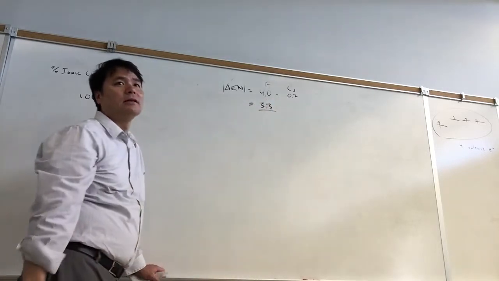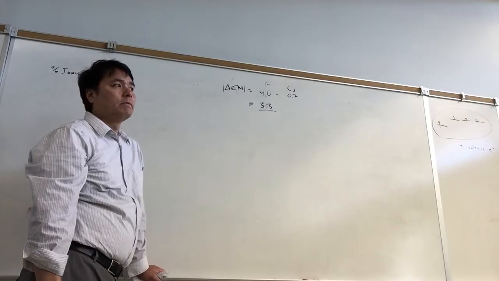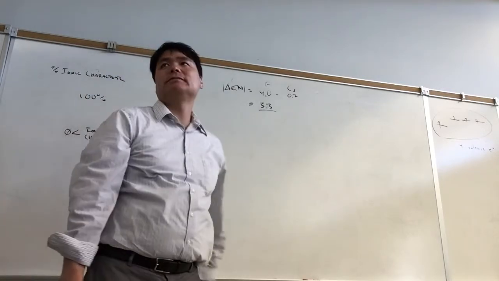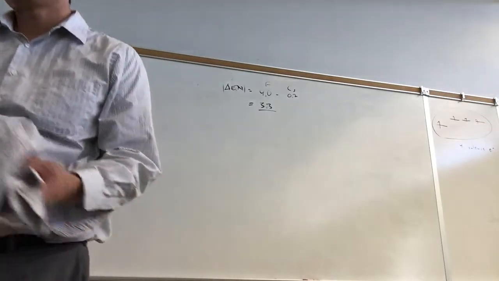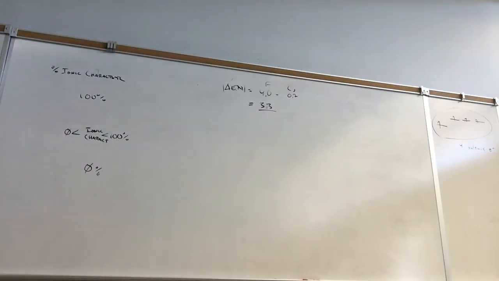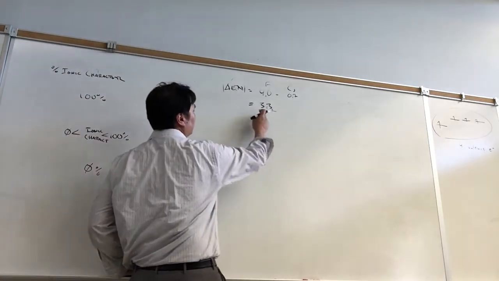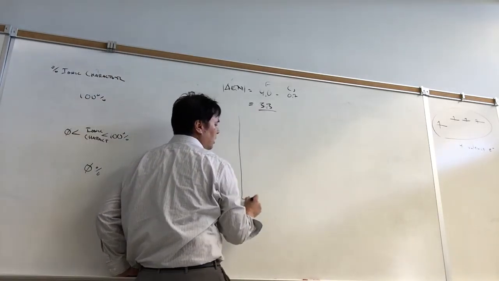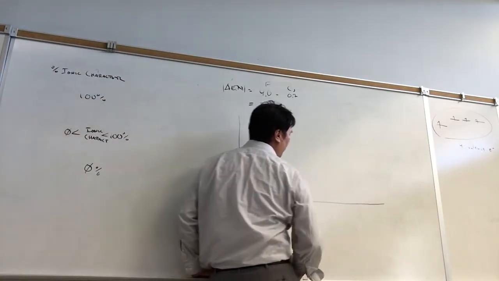There's our delta EN. That's the biggest difference in electronegativity, which is the biggest difference in the strength in the tug of war for electrons. And so the delta EN of 3.3, that should be pretty ionic. In fact, that's the most ionic we can get.